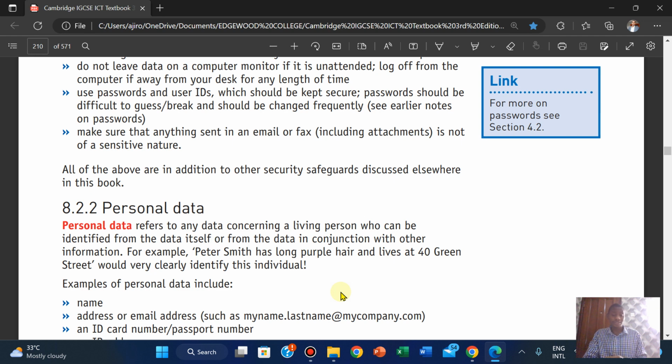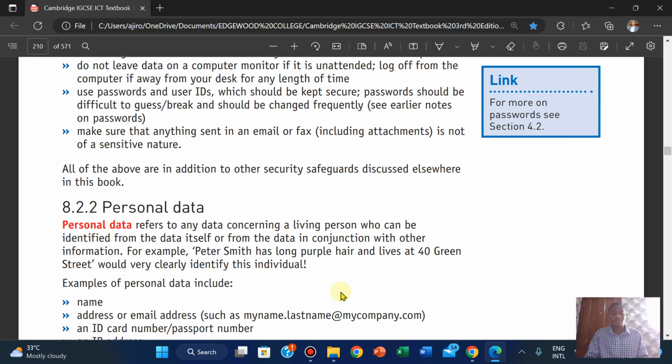Personal data refers to any data concerning a living person who can be identified from the data itself, or from the data in conjunction with other information. For example, Peter Smith has long purple hair and lives at 40 Green Street, which will clearly identify this individual.